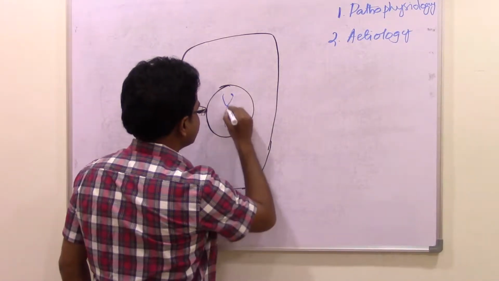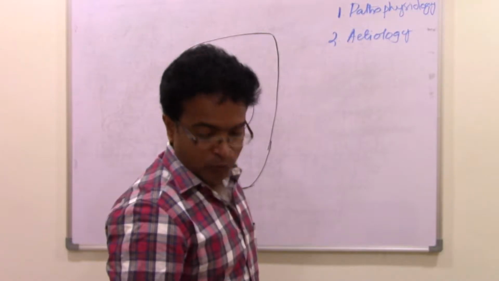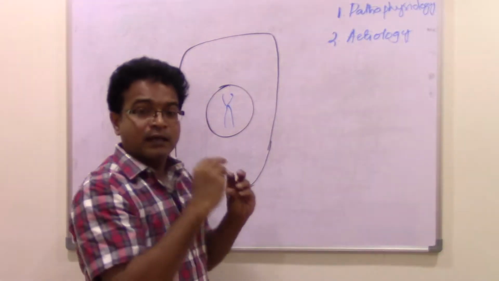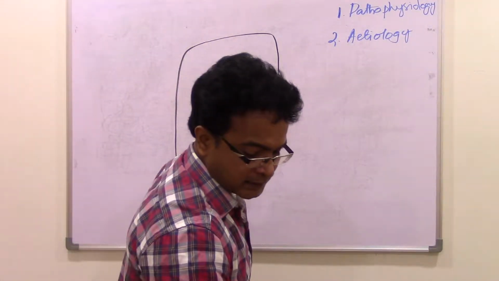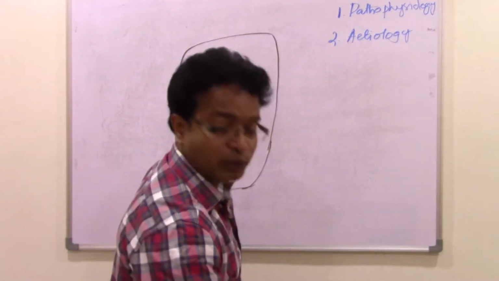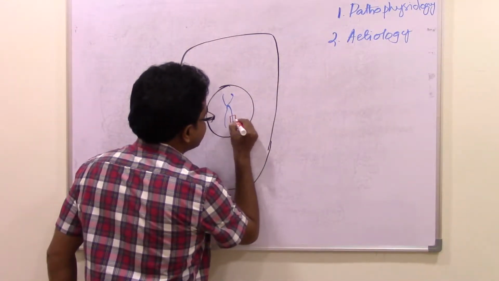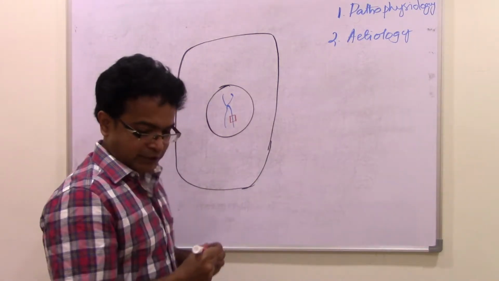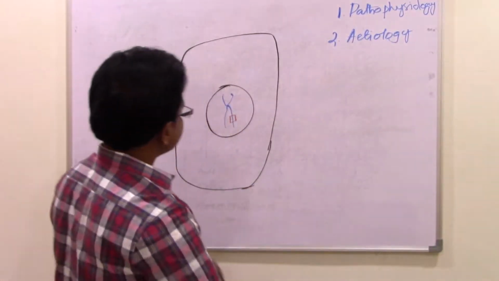Let's say this is a chromosome, and a part of the chromosome is making a protein. So we all know that these chromosomes make proteins, right? Let's say this particular part of a chromosome is making one particular protein, right? So then we say it is expressed, right?